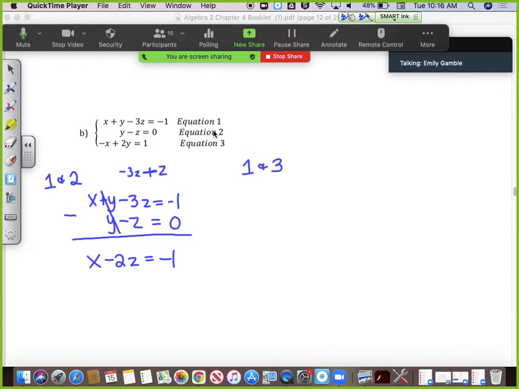So I'm going to take equation 1, x plus y minus 3z equals negative 1. And equation 3 is negative x plus 2y equals 1. Now this one I'm not going to be able to just add or subtract to cancel out the y.